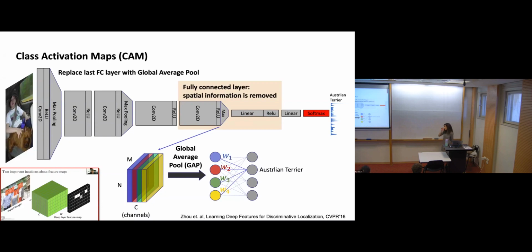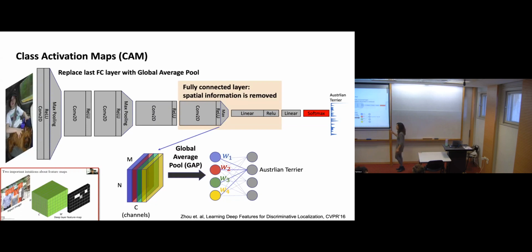So the score for some class, Australian Terrier, will be given by a linear combination of these average pooled values. Yes? What do you mean? No, across all spatial locations. You can think of it as the energy, a single number that quantifies how much this channel was activated.